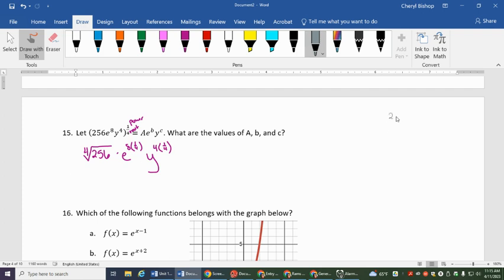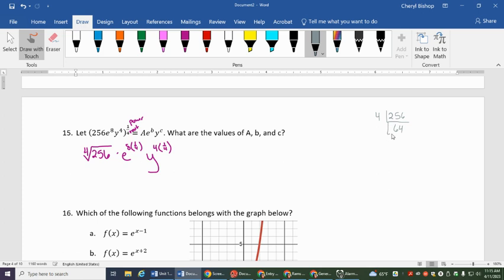So if I come over here and I do 256 and I divide that by, what do you want to divide it by? Small, easy number to divide by. 4? Okay, what's 256 divided by 4? It's what? 64? That's good.